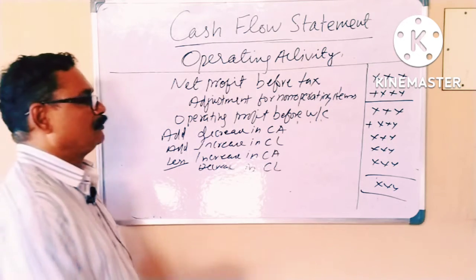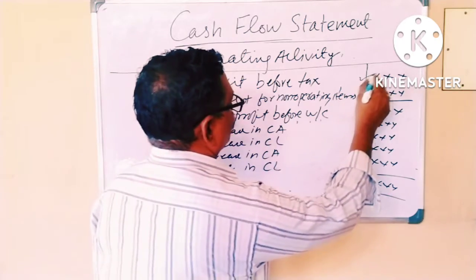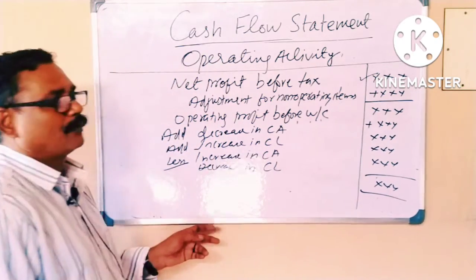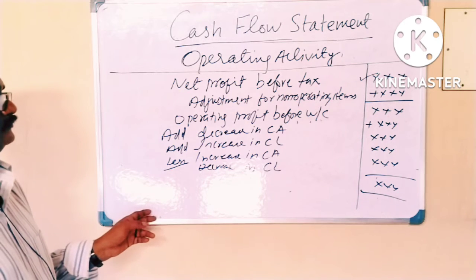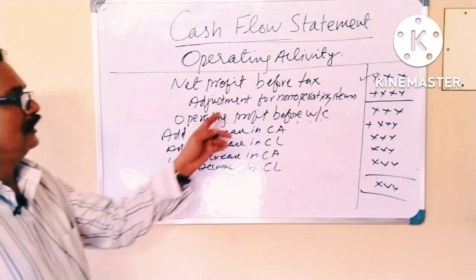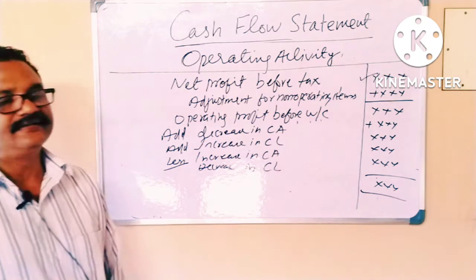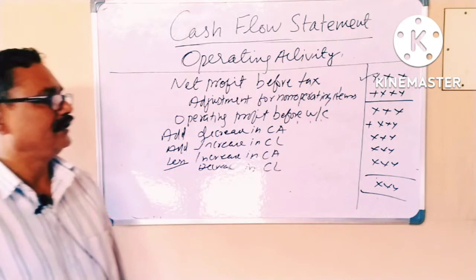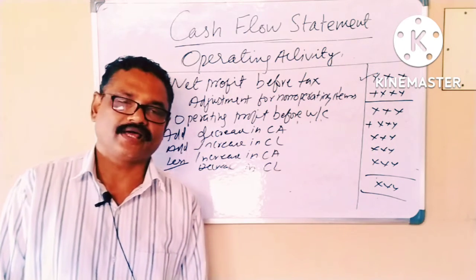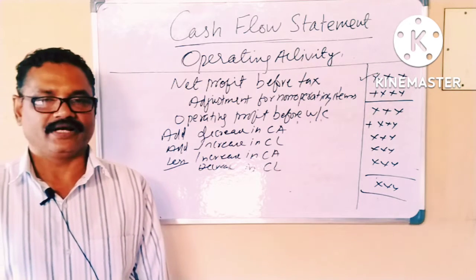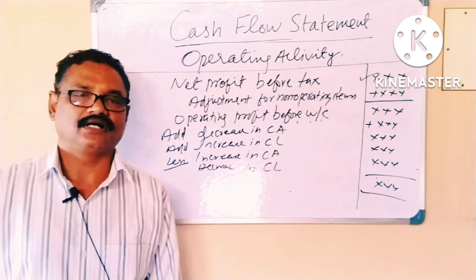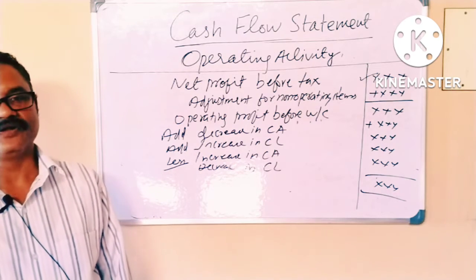See here, first of all, we have to take into consideration net profit before taxation. Then add adjustments for non-operating items and non-cash items. What are the non-cash items for operating activity?